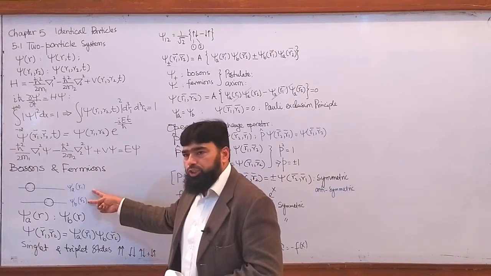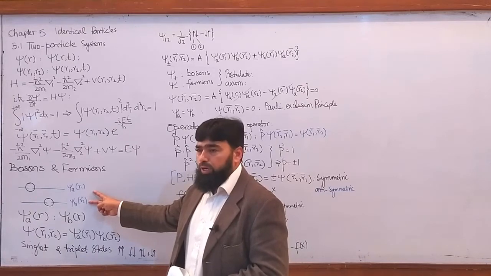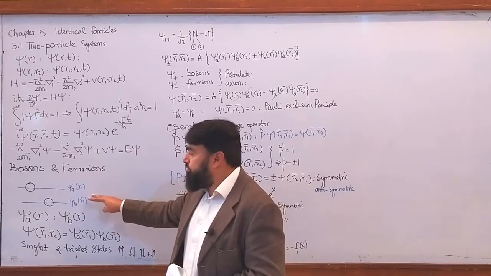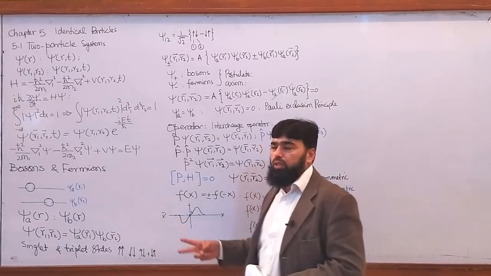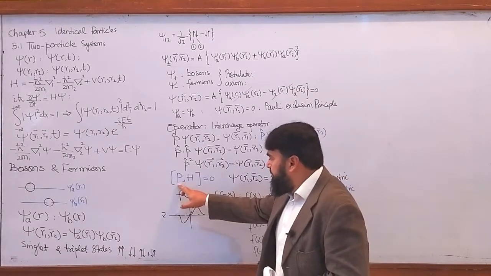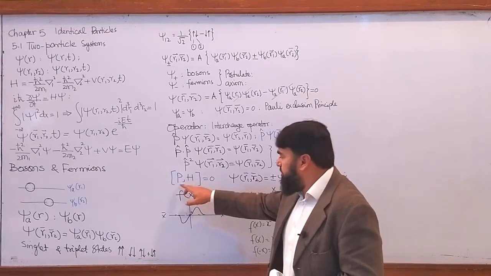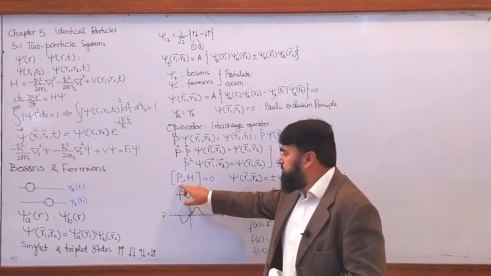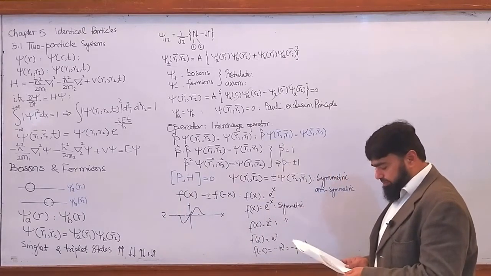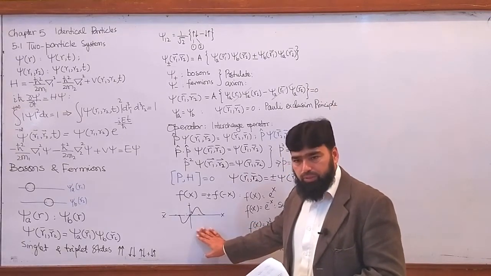When two or more states share the same energy, we will call them degenerate states. And when they have different energies, we will call them non-degenerate. So, P is commuting with H, meaning these two have the same set of eigenfunctions.